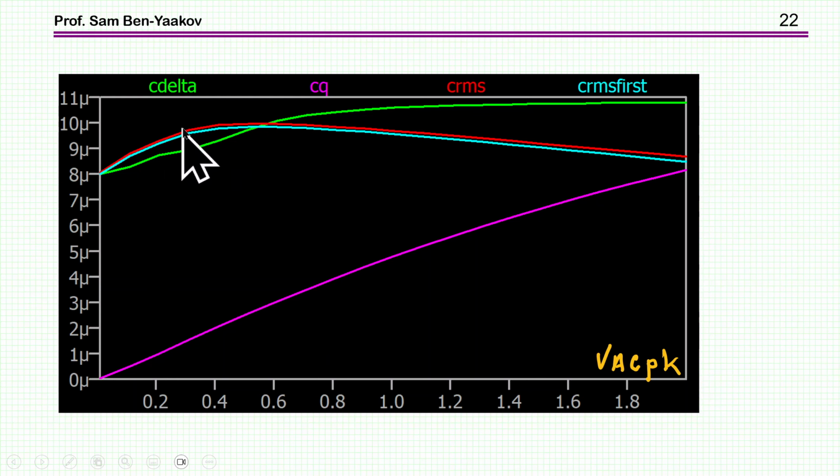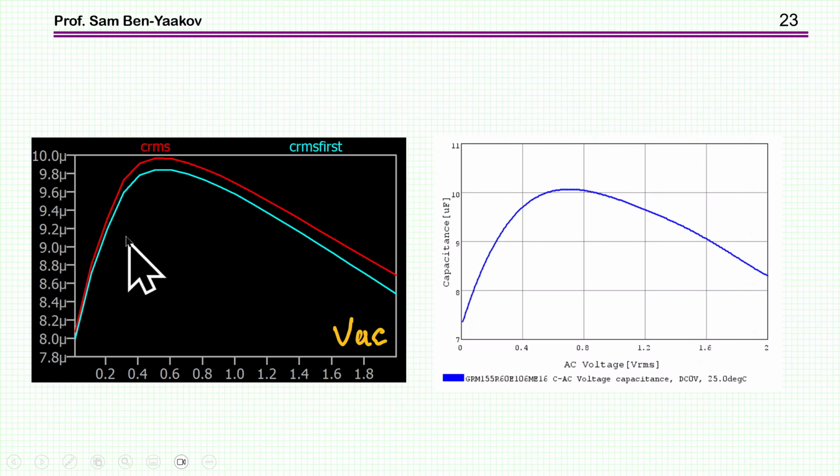Now, if I zoom in on this curve, this is the RMS and this is the first harmonic, and compared to the datasheet, you see that I'm getting exactly the same thing. This is AC excitation, no DC, and the difference between these two is that this represents the RMS capacitance, and this is the first harmonic capacitance, as you would measure, say, with a network analyzer.